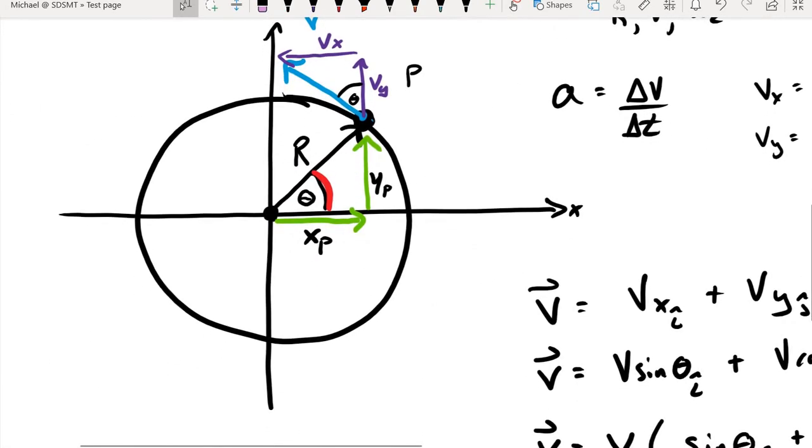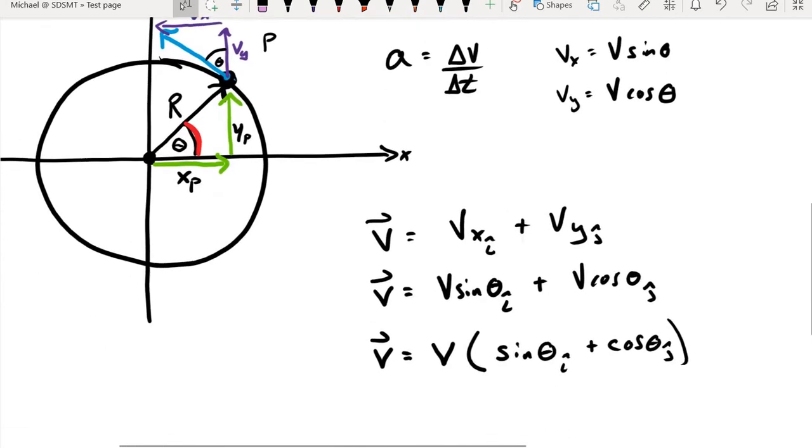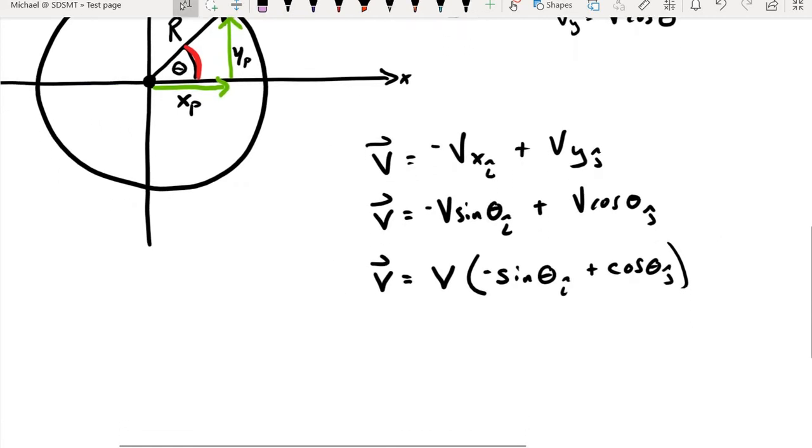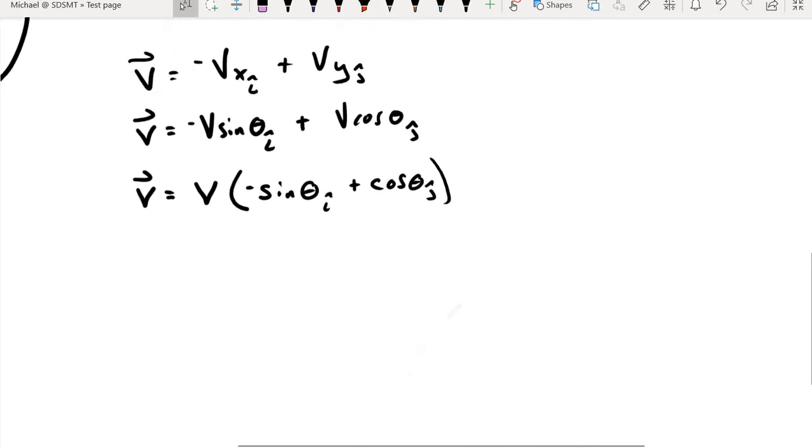Now this actually isn't going to be much of an issue for us in the long run, but just to be consistent with our vector math, we should introduce a minus sign on all of those x components. Later on, as we move through this circle, the sign on these components is constantly going to shift back and forth from positive to negative. So again, that's where I say it's not going to matter in the long run, but we don't want to get too sloppy with our math. So I'll bring that minus sign in there.